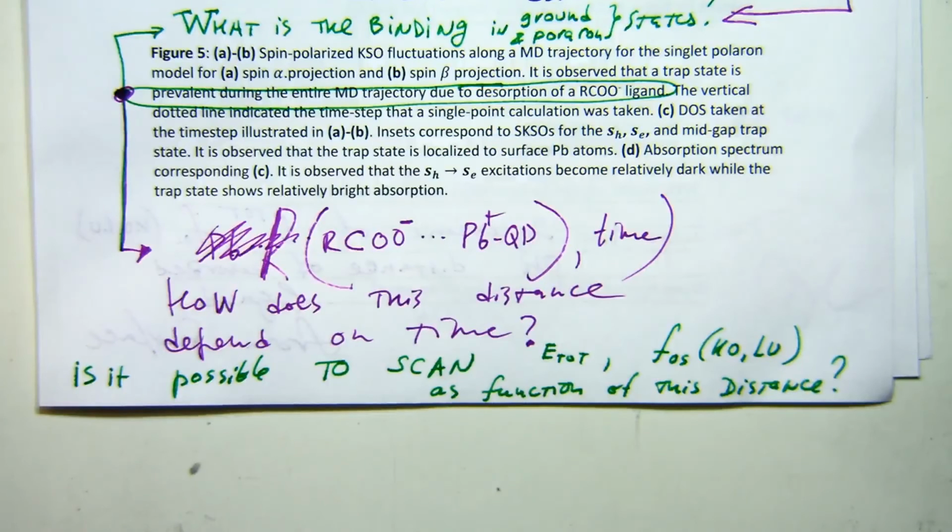You do not need to manually scan it. You already have a trajectory that scans different values of the distance, so you tabulate the total energy and oscillator strengths as a function of it. That will be sufficient to speculate about photodecomposition and the shortening of the oscillator strengths, like making the material darker or not. It's still interesting.